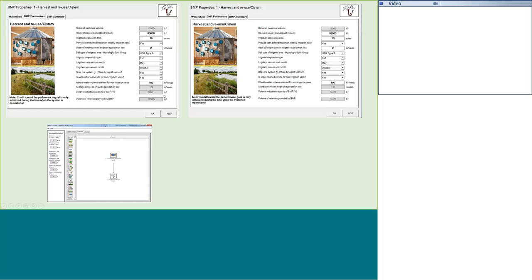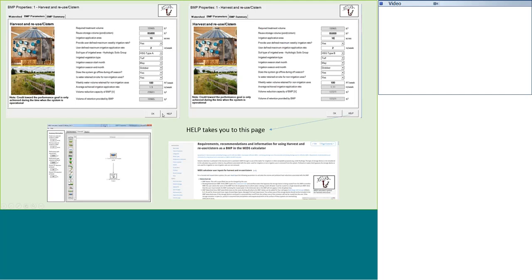As you'll see here, because we have that, we're allowing up to 2 inches per week on these A soils versus this B soil where we're not allowing it. You can see that this system can capture over 29,000 cubic feet towards the performance goal, whereas on the B soil you're at just a little over 17,000 because it's not allowing you that full amount.